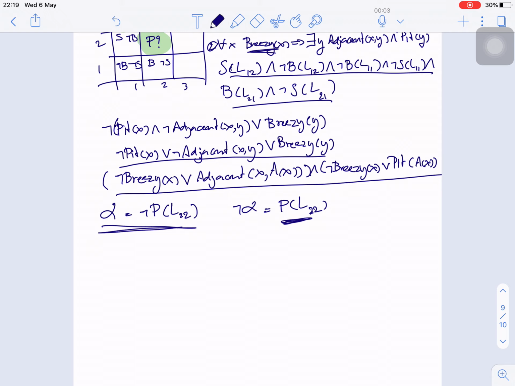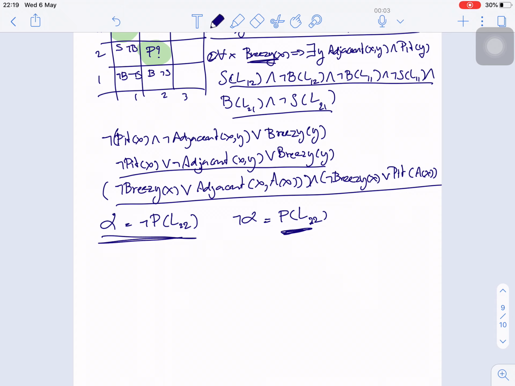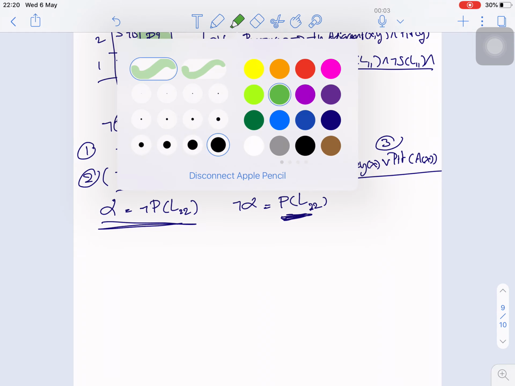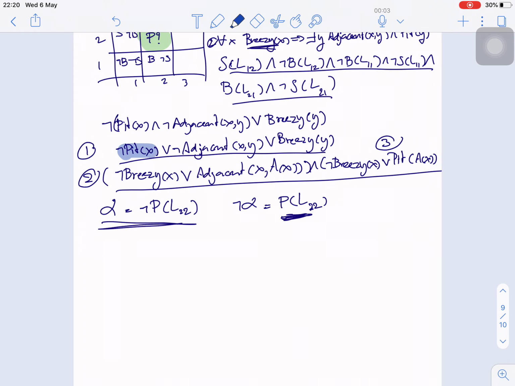So can you find some sentence that is the negation of pit at location 2 2? You have this sentence, and this sentence, and this sentence. There are 3 sentences that you can prove.